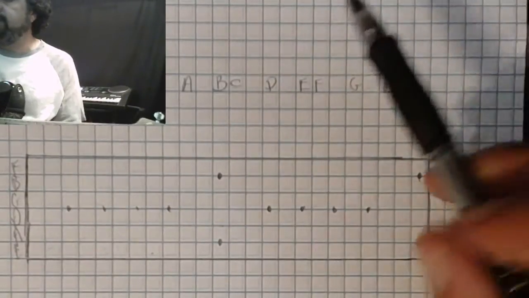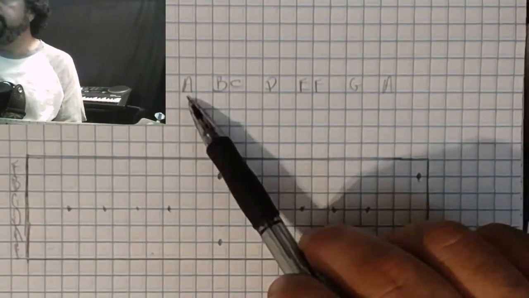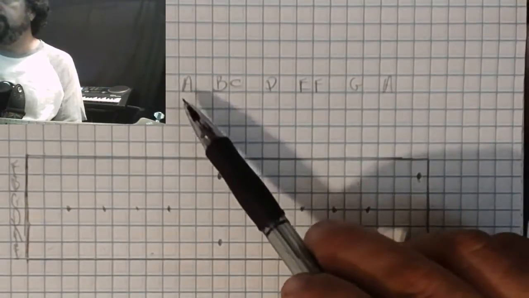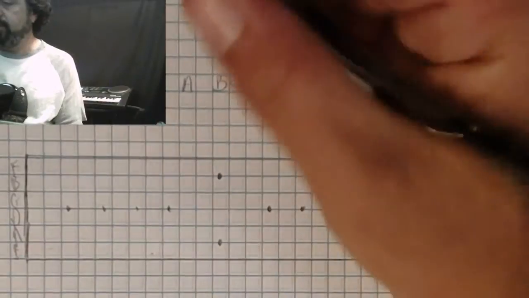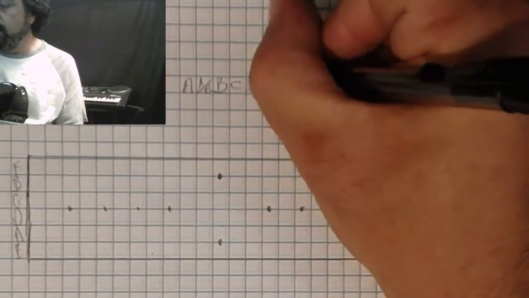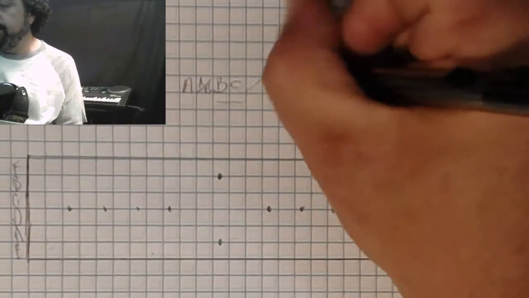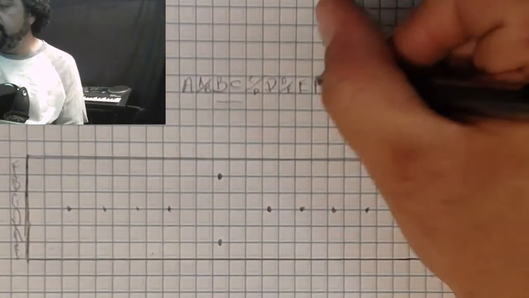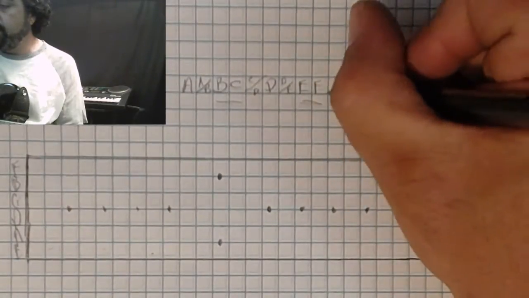If you were to write the scale out from A and cover 12 frets, the notes look like this: A, then there's A sharp, B flat. B and C are together. C, D, D sharp, E. E and F are together.